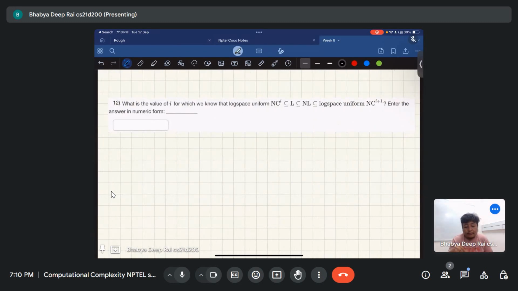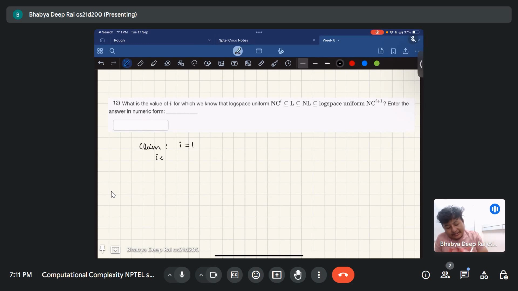Okay. Now this one is interesting. Question says, what is the value of i for which we know that log space uniform NC^i is contained in L is contained in NL is contained in log space uniform NC^(i+1). So claim is i is 1.